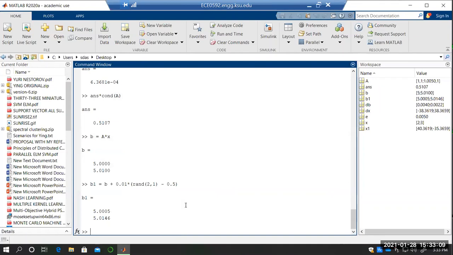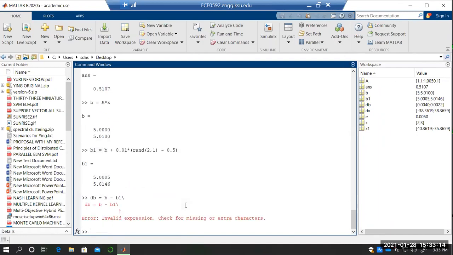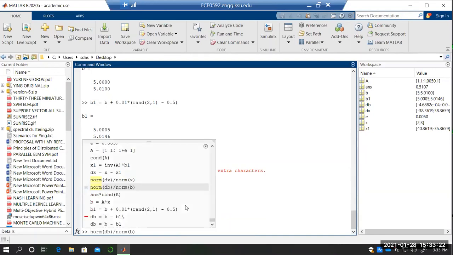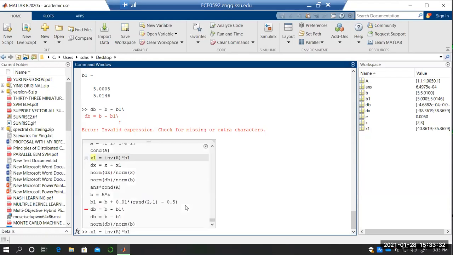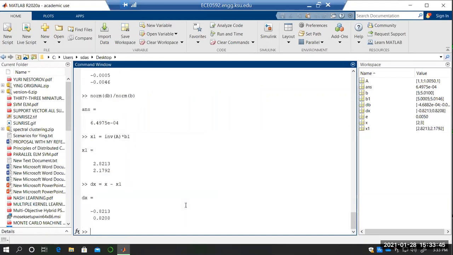So now dB equals B minus the perturbed B, the norm. This much. And now we have X1 equals this. I should have recalculated. This is X1, and now dx is equal to this.